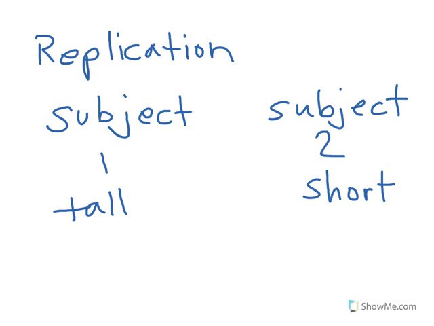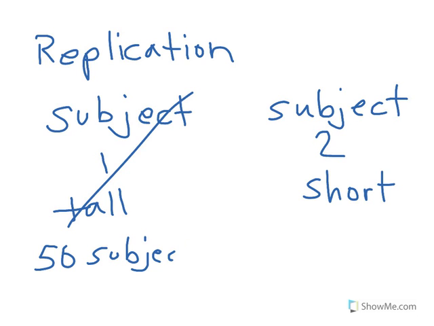So you can imagine, you could say, well, gee, we could have some tall people and some short people in each group. But basically, that gets really tricky. If we're using the principle of replication, what we're saying is, instead of having subject 1 and subject 2, what if we had, say, 50 subjects of various heights in one group, and then something like 50 subjects of various heights in a second group?